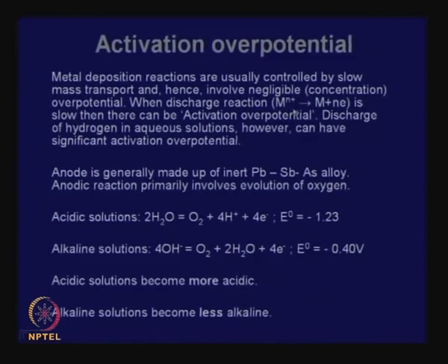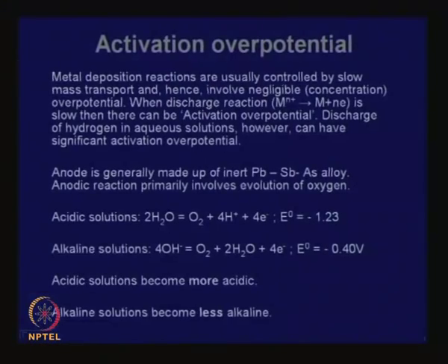Now, there are situations where the process is not diffusion controlled, meaning it is not because of a gradient that the metal ions are coming to the surface and that is defining the steps. Actually, this step is very fast, that metal ions going to the surface is not a problem.